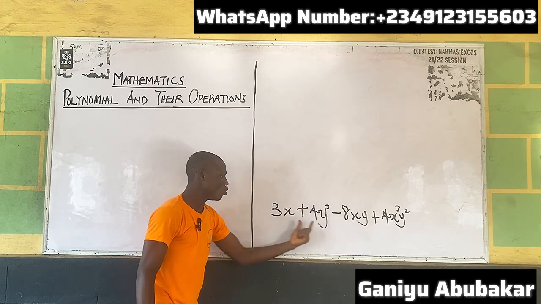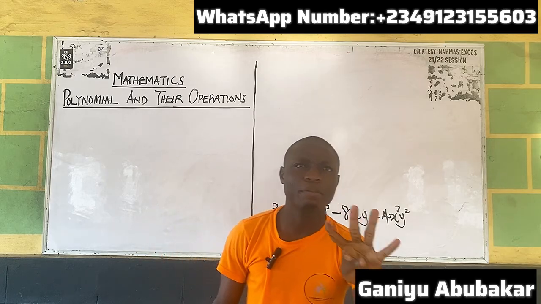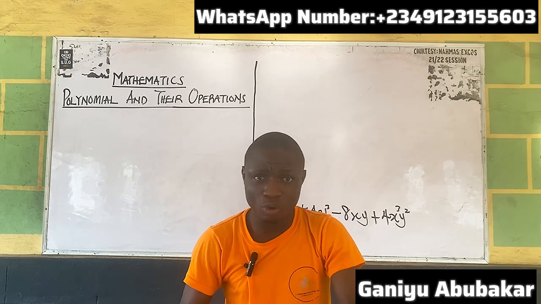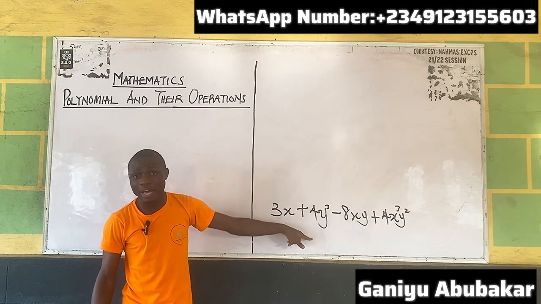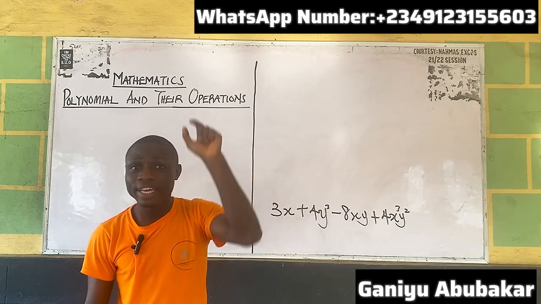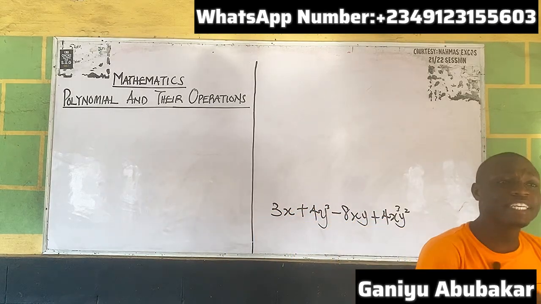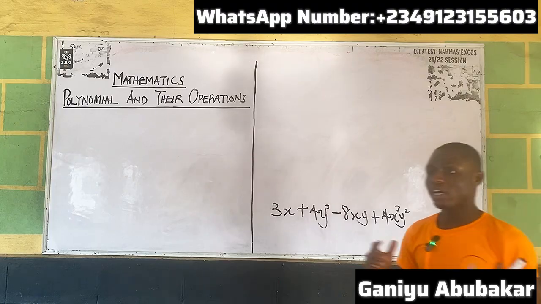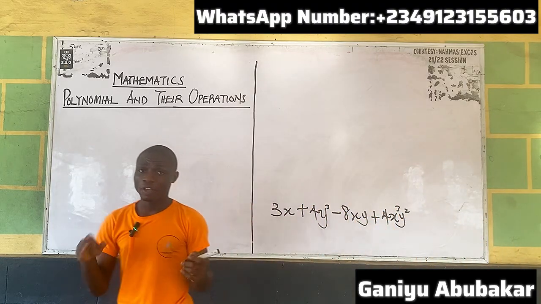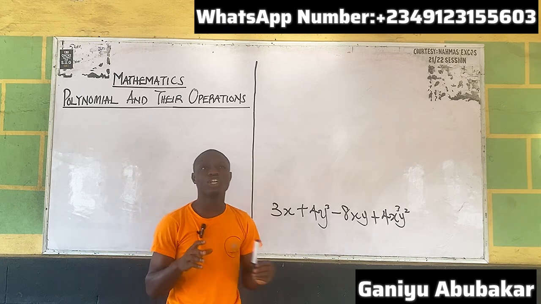This is 1, 2, 3, 4. I have 4 terms here. Whenever the number of terms is more than 3, it is said to be a polynomial. Whenever an expression or an equation is more than 4, it becomes a polynomial expression, or equation. That's basically how it works.